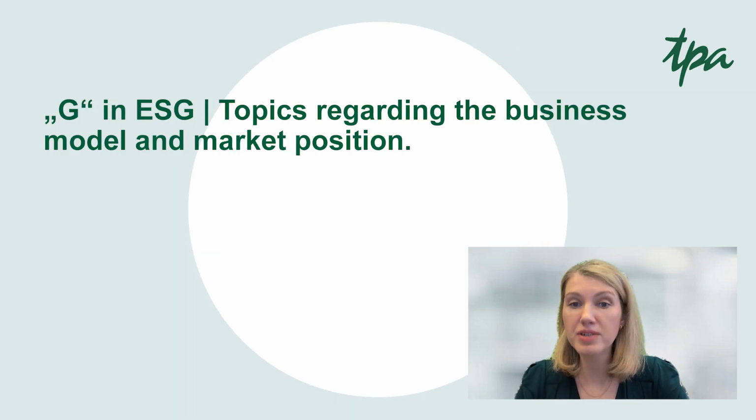Finally, I will briefly discuss the governance aspects regarding business model and market positioning. The most important aspects here are company culture and governance aligned with ESG risk management and data collection. This will be seen in companies' ESG policy and strategy and how they are linked together with risk management in the company.